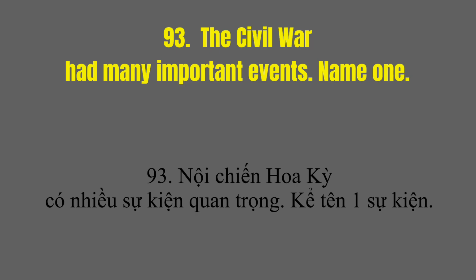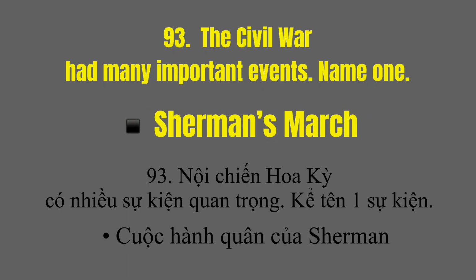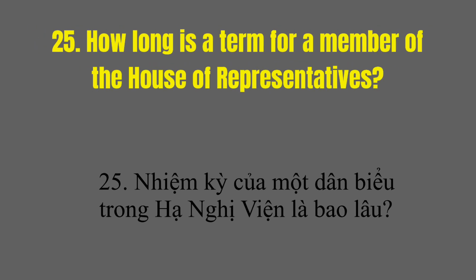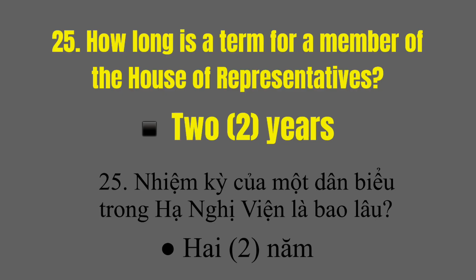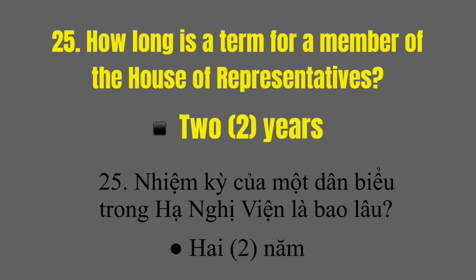Name one. Sherman's March. How long is a term for a member of the House of Representatives? 2 years.